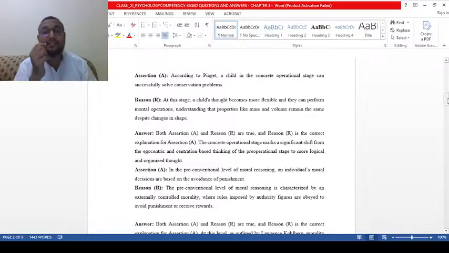Reason, at this stage, a child's thought becomes more flexible and they can perform mental operations, understanding that properties like mass and volume remain the same despite changes in shape. So in the concrete operational period, the drawbacks or demerits of the pre-operational period are going to be overcome by the child. That's the reason we are using this word here. So here both are right and it is the correct explanation.